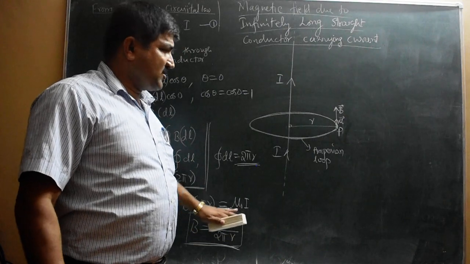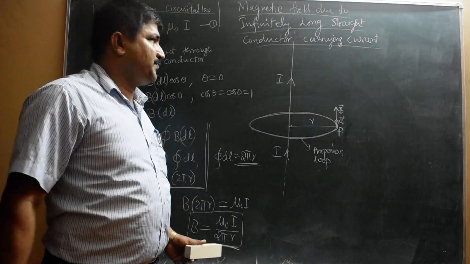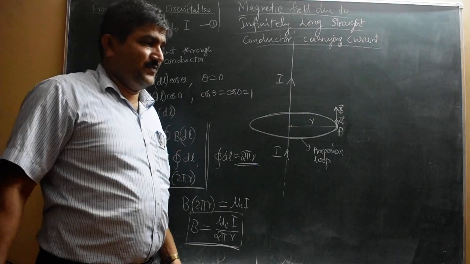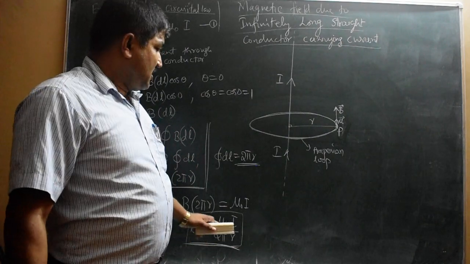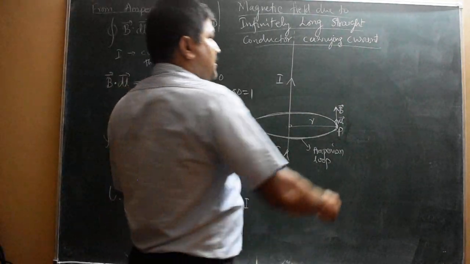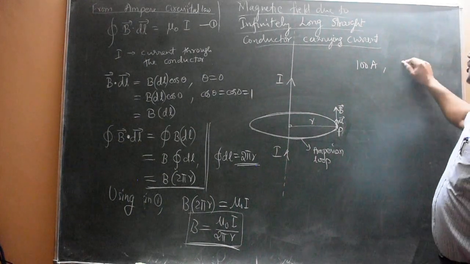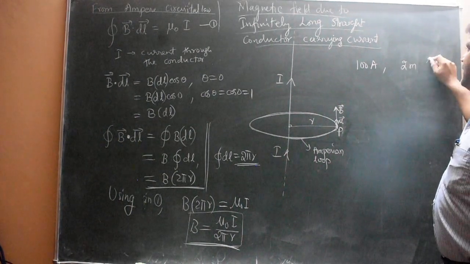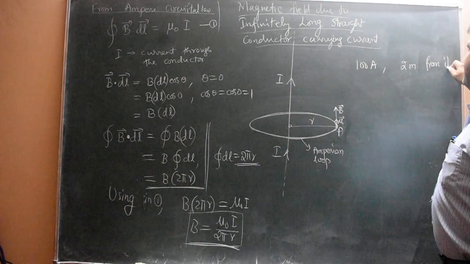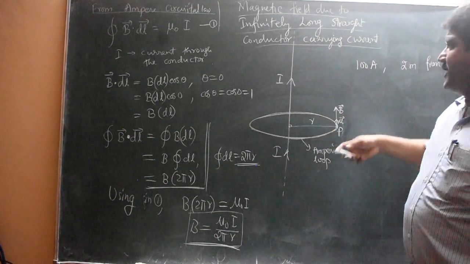Based on this, questions can be asked: find the magnetic field due to a current carrying wire carrying a current of, say, 100 ampere, at a distance of 2 meter from it.